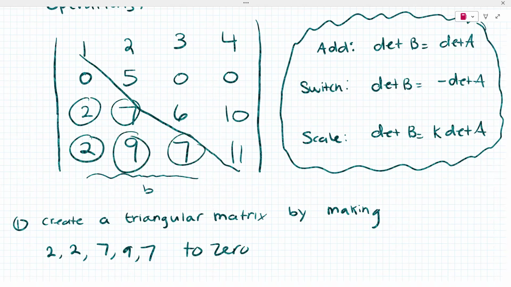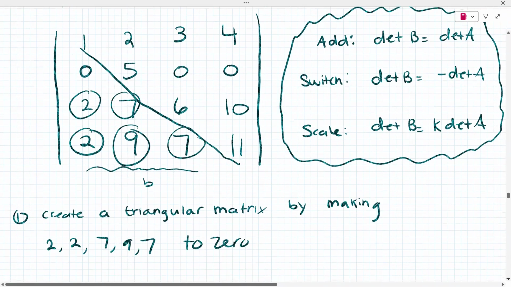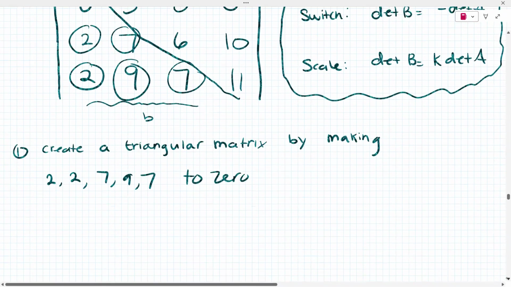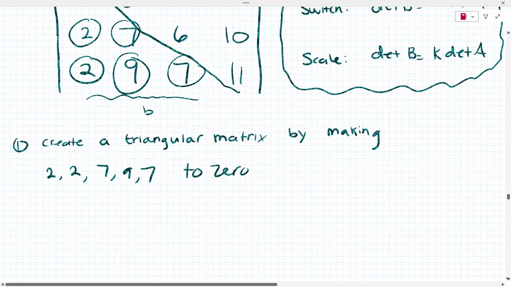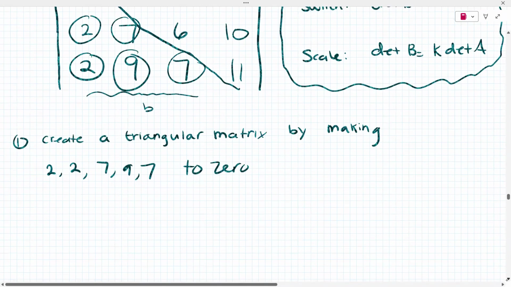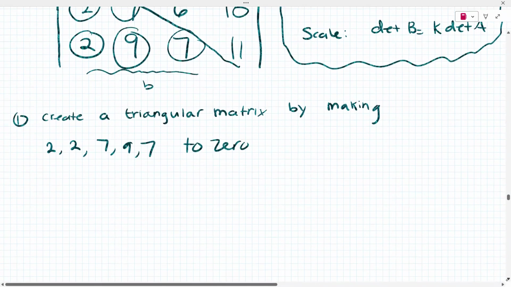So we have quite a few row operations. We'll start with the 2. Let's make that 0, and then let's make the other 2 into a 0.